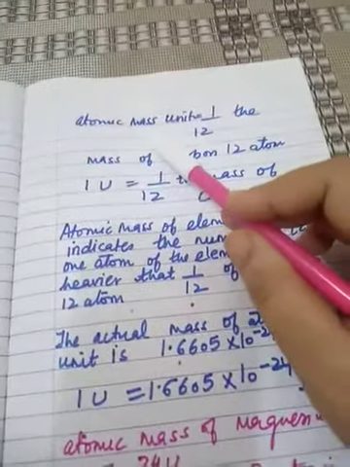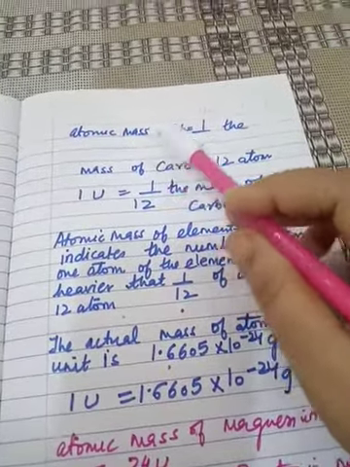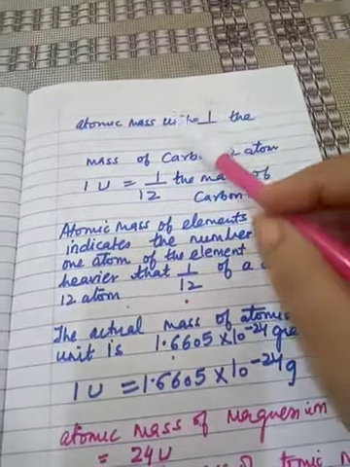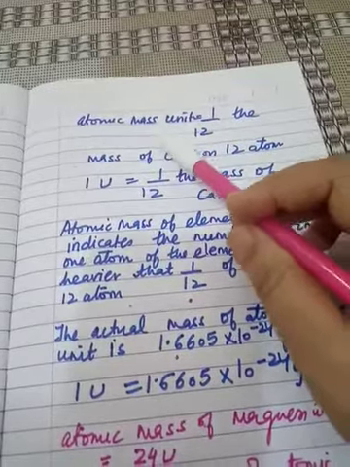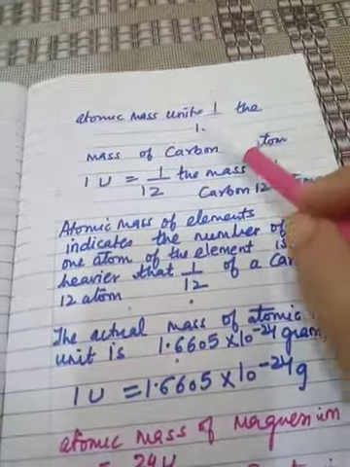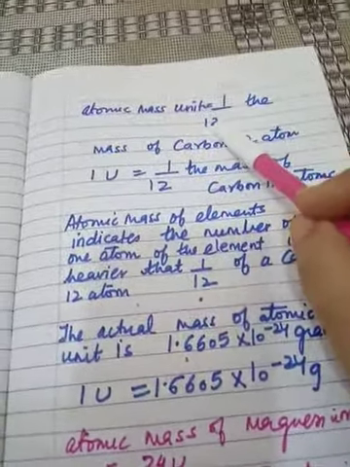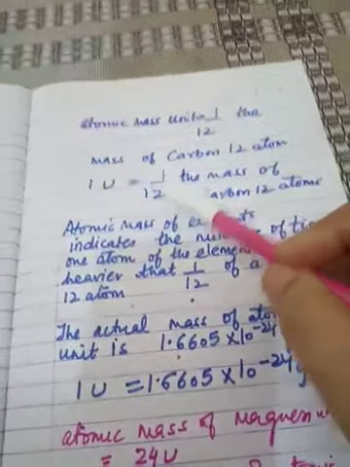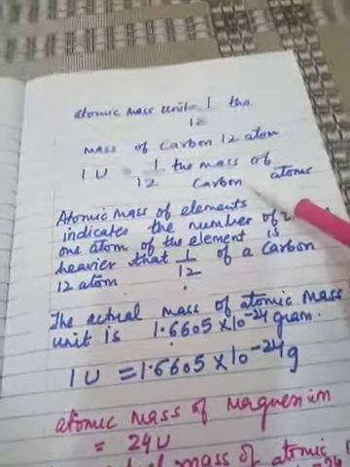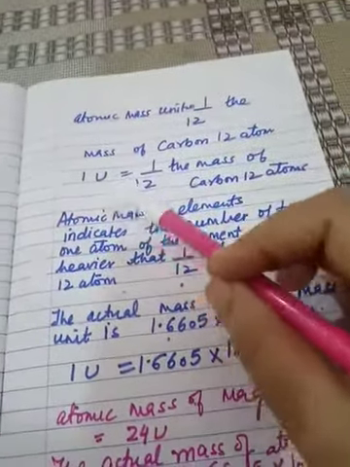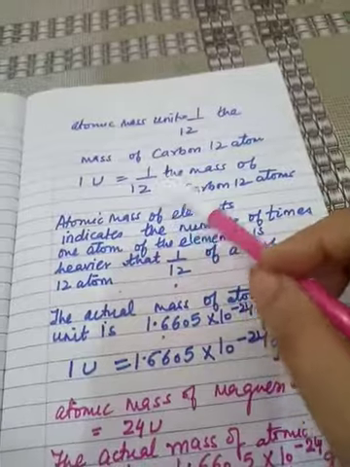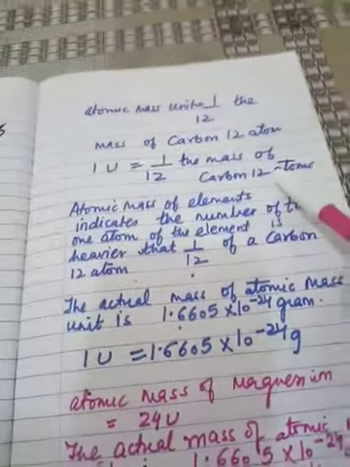It means that the carbon 12 atom has an atomic mass of exactly 12 U. Atomic mass unit is 1/12 the mass of a carbon 12 atom, and it can be written like that: 1 U is equal to 1/12 the mass of a carbon 12 atom.